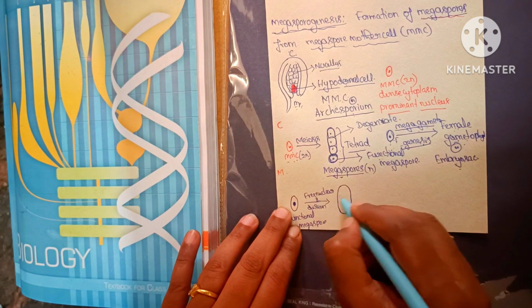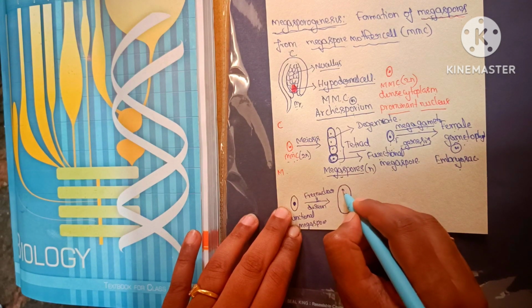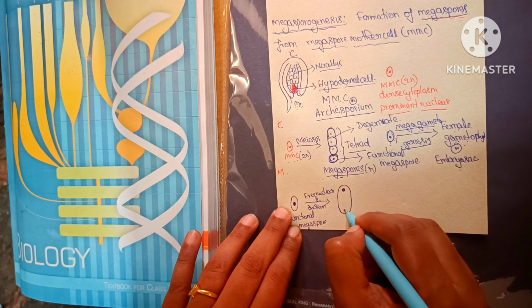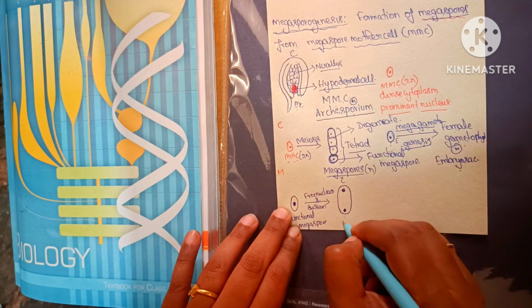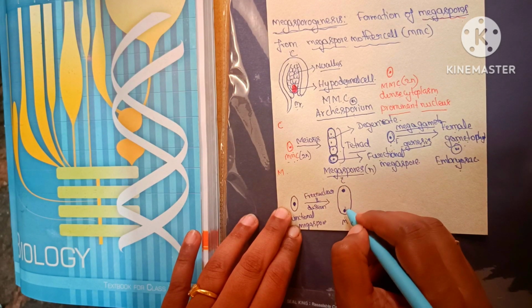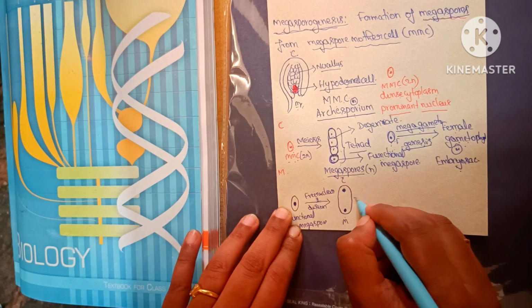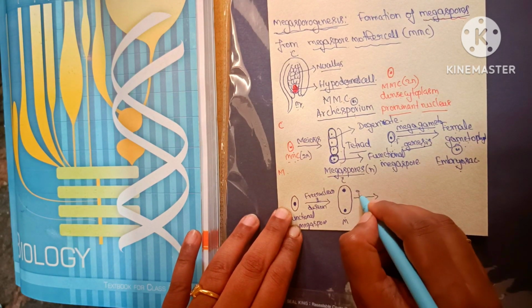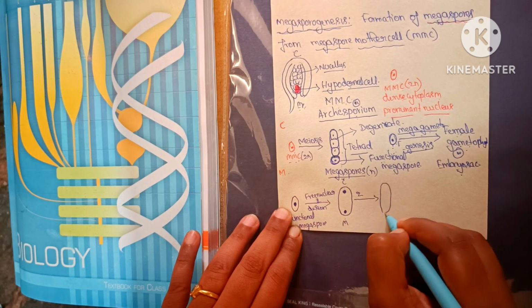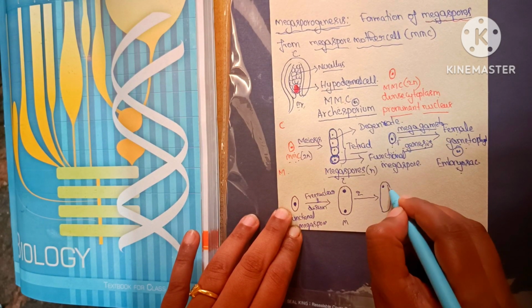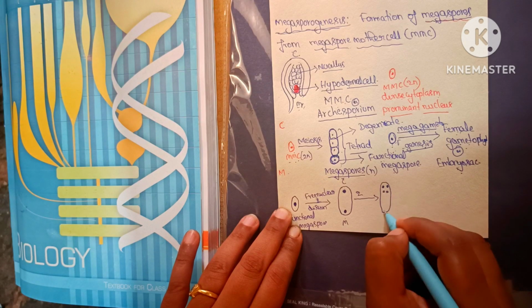Now after one mitotic division, there is formation of two nuclei. These two nuclei will move towards opposite poles, one towards chalaza, one towards micropyle, and again they divide successively by two more divisions. Two more divisions will lead to formation of 4 nuclei at each pole.